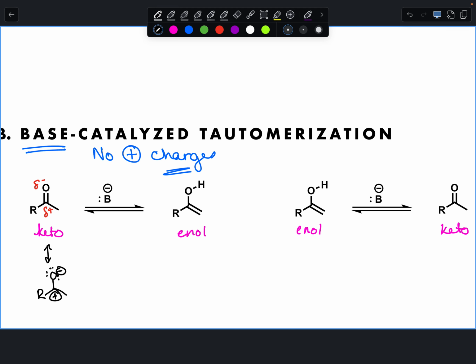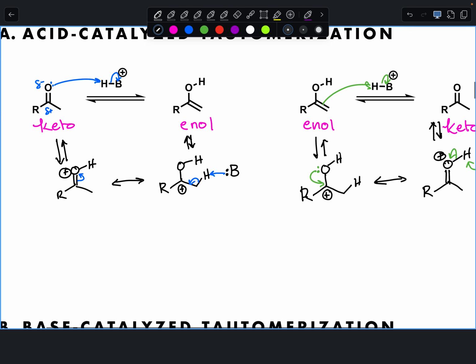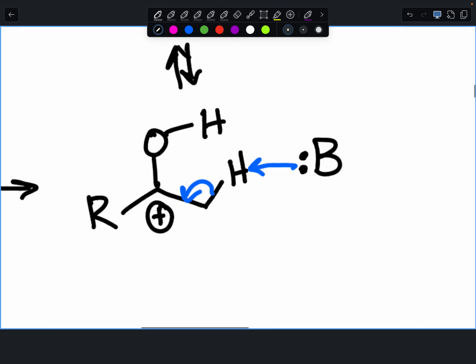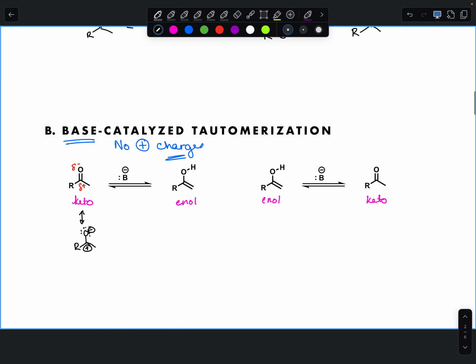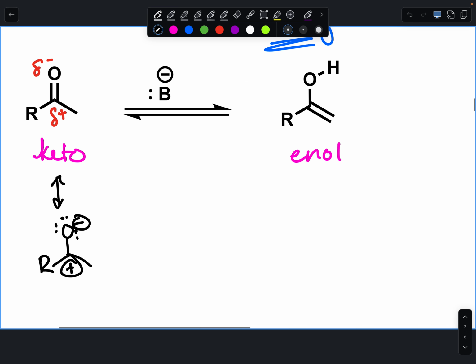Which direction are you going to resonate? Both. This has more resonance to help stabilize it. We can resonate in this direction, and we can resonate in that direction, so it has 2 times the resonance.